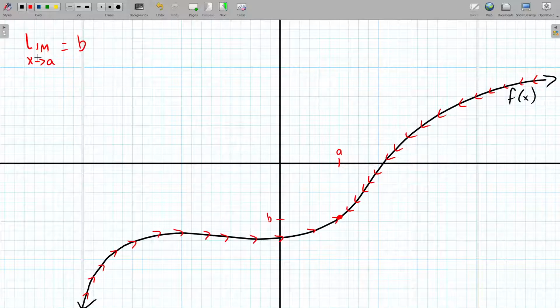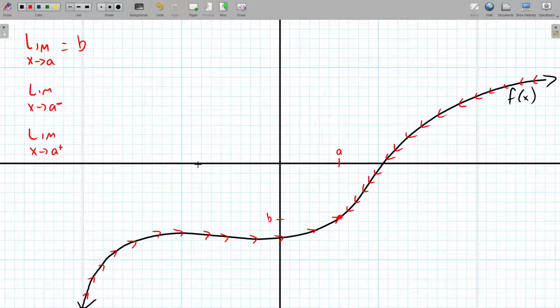Not only can we find the limit as we approach a value, we can do what's called a one-sided limit, where we approach that value from just the left, or we approach that value from just the right. So this, the limit as x approaches a with the little negative sign, does not mean that we're now approaching some negative a value.